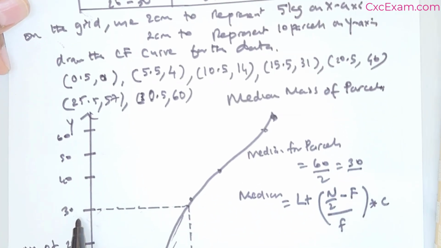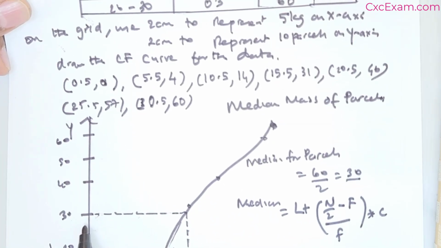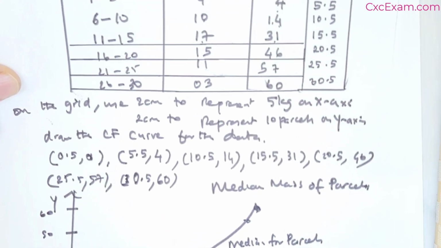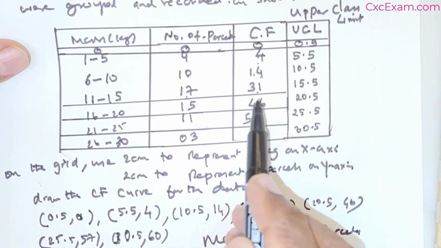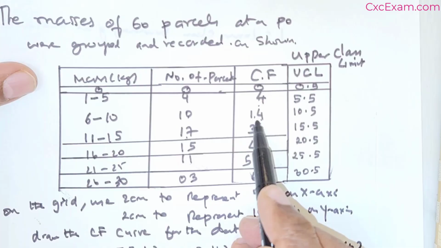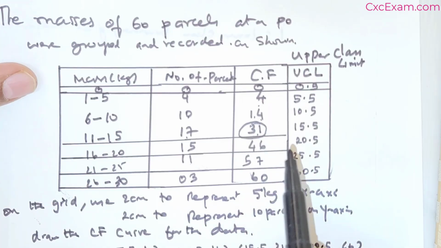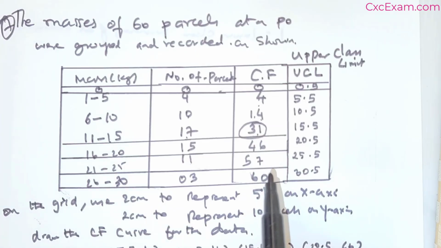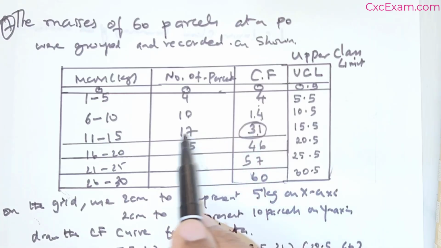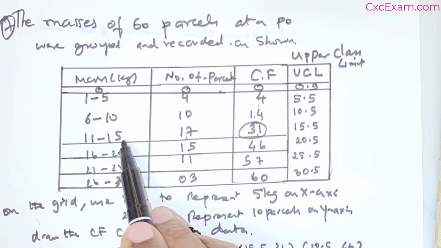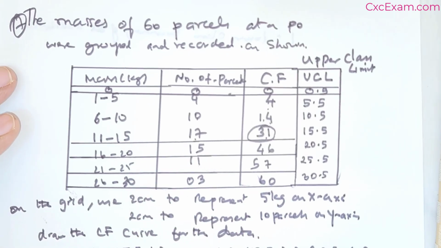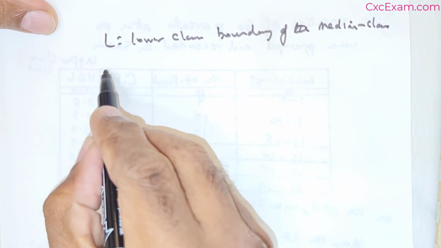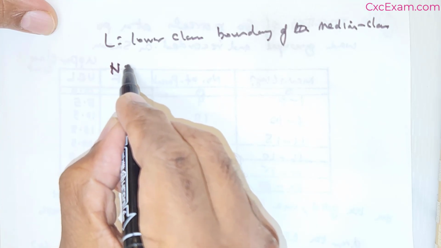Total number of parcels, 30. So you see your cumulative frequency here. So this is our point that we will have to catch. So in this case, our L would be, okay, so let me write the terms first.